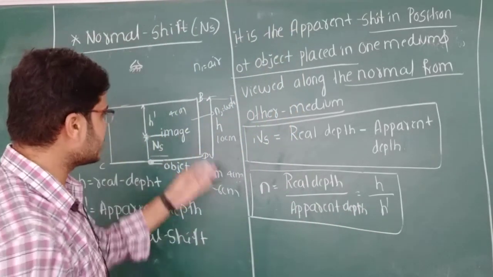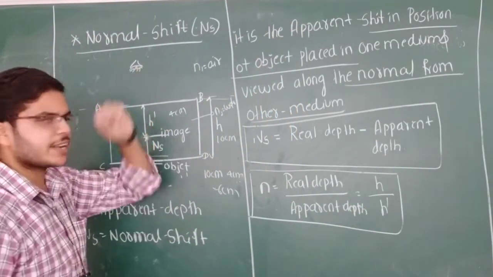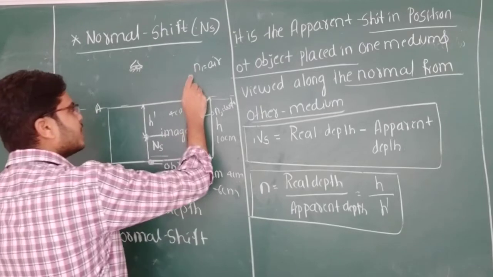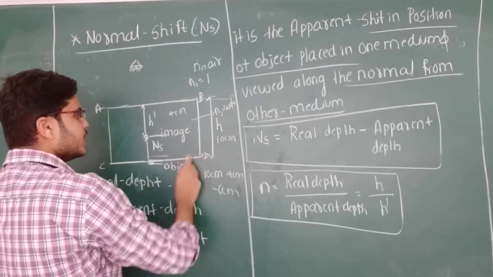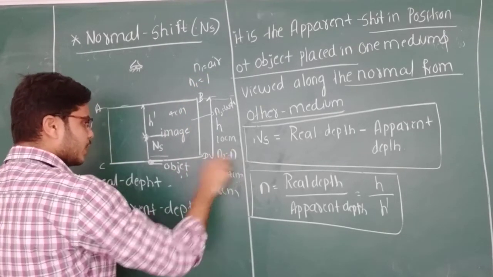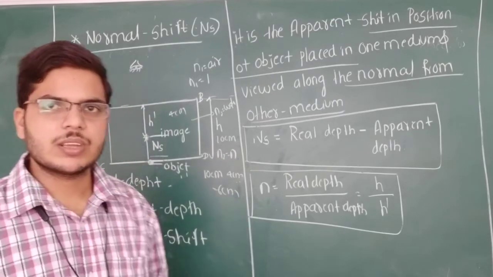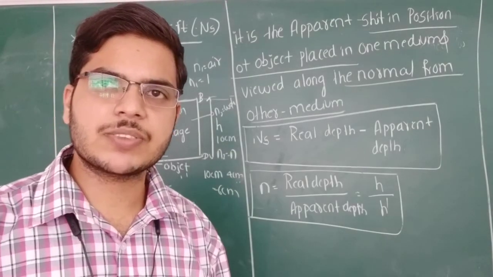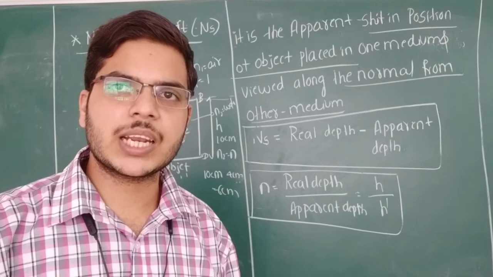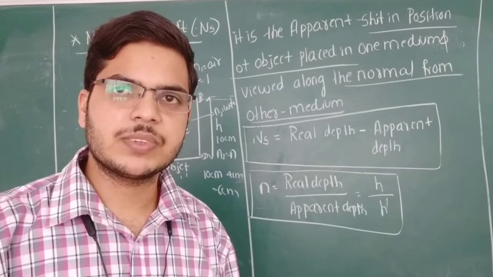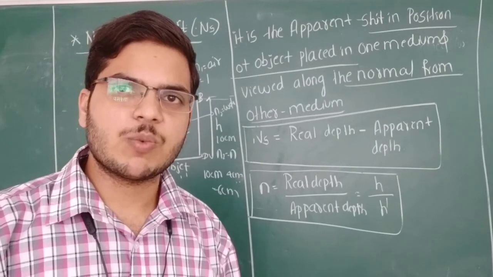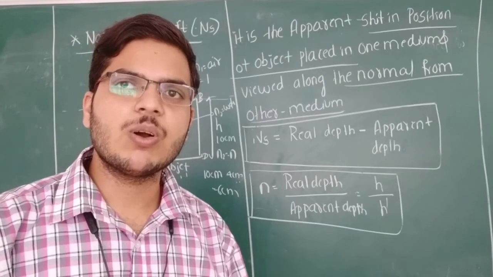Therefore, this is the water medium and this is the air medium. Here N1 is equal to 1, N2 is equal to N, where N is the refractive index of the denser medium where the object is kept. In this case, we are taking the water medium. Therefore, N is equal to 1.33.